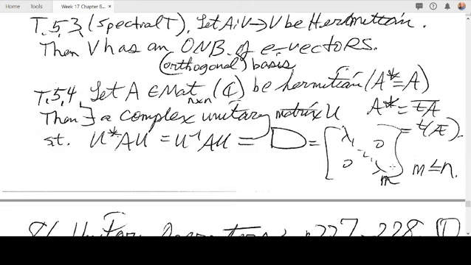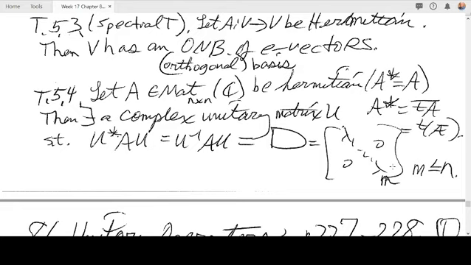Okay? Theorem 5.4 says when we look at the matrix case, when V is the matrices having complex entries, let A be a Hermitian matrix. Remember, that means that the adjoint of A equals A. Remember, the adjoint of A is the conjugate transpose.